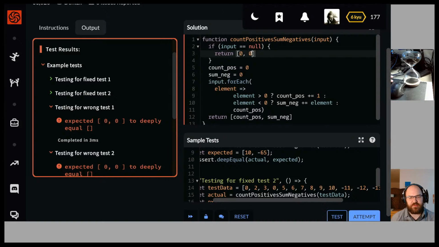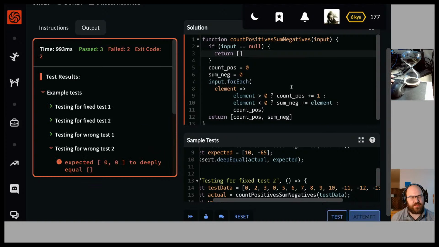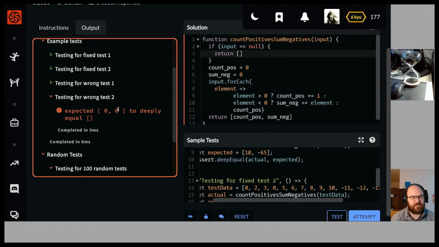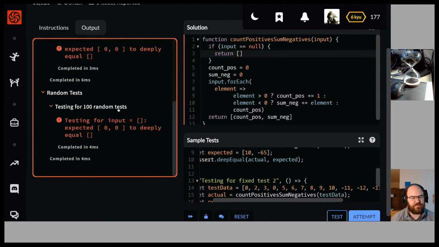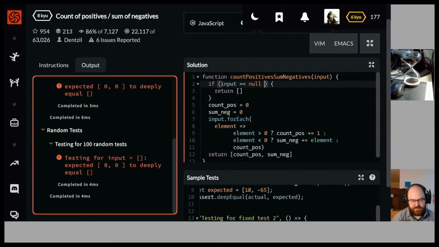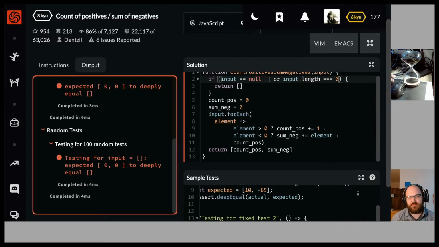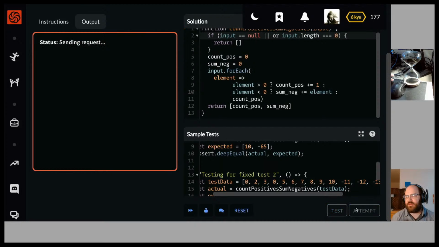I guess I'm supposed to return just an empty list. If it equals null or length. No. Input dot length equals 0. Return that empty list. Attempt now.